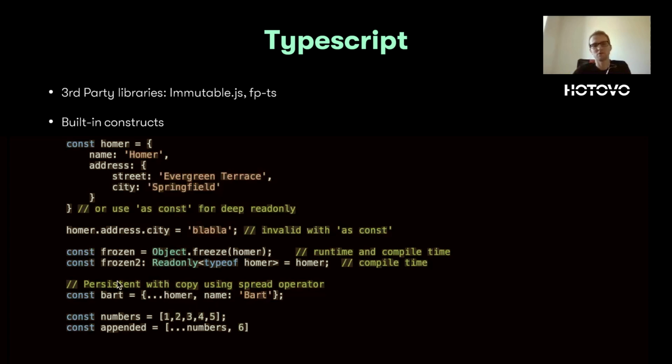So I would create a new object with all of the fields copied from the Homer object, and the name would override this Homer name here. So it's the same thing as the copy-on-write approach. Similar for arrays: I can use the spread operator and copy the content.